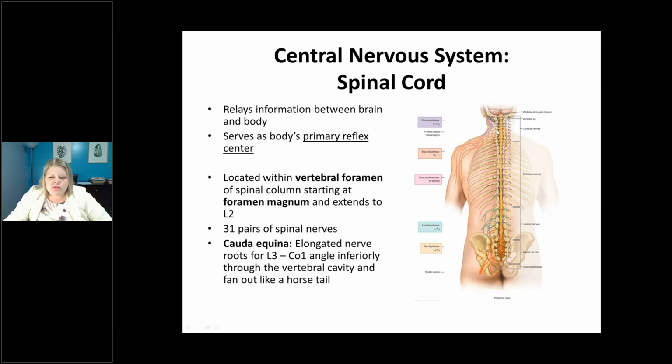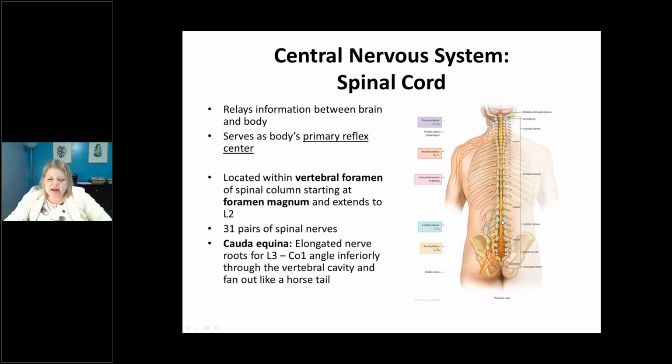Like I mentioned, it's located in the vertebral foramen of the spinal column, and it starts at the foramen magnum, which is the opening at the inferior portion of the skull, and extends all the way to L2.